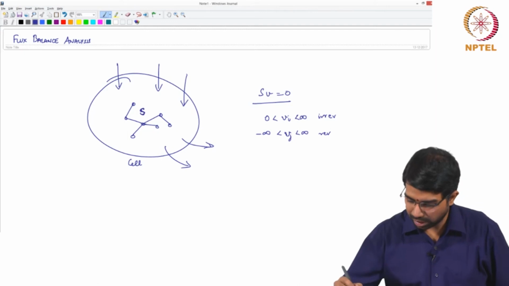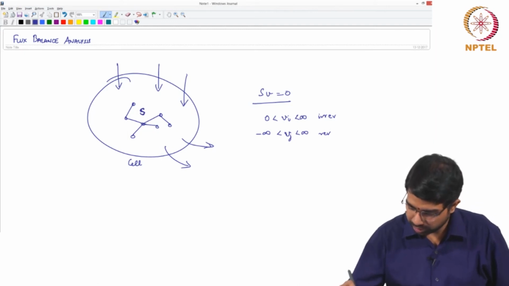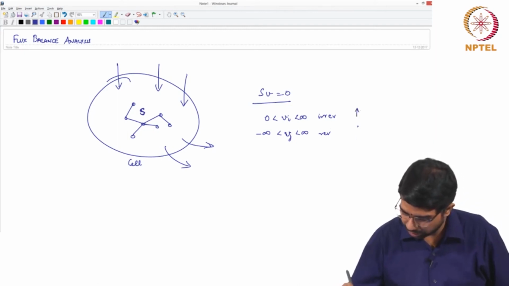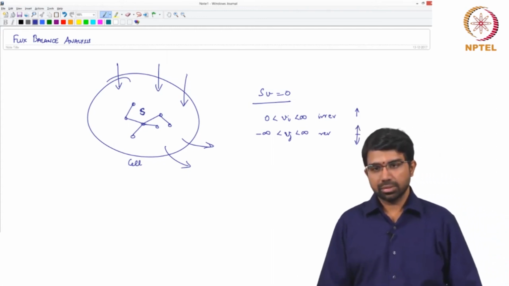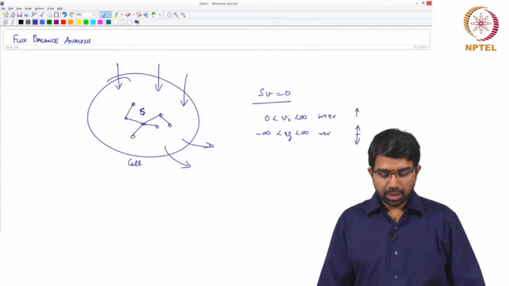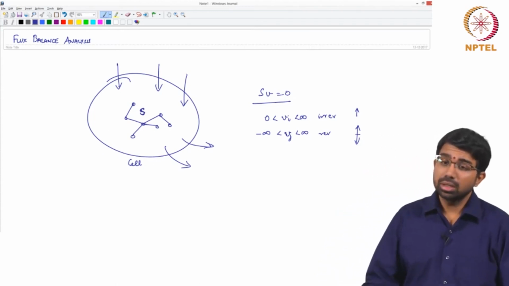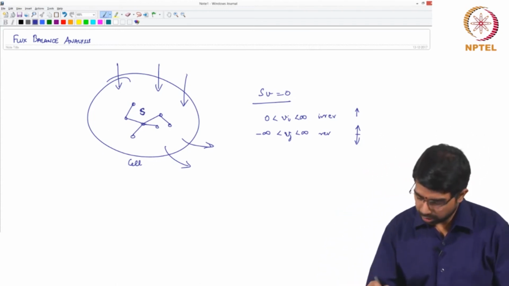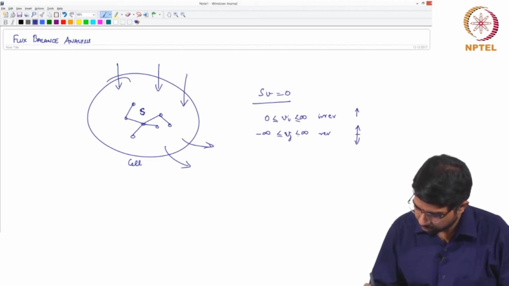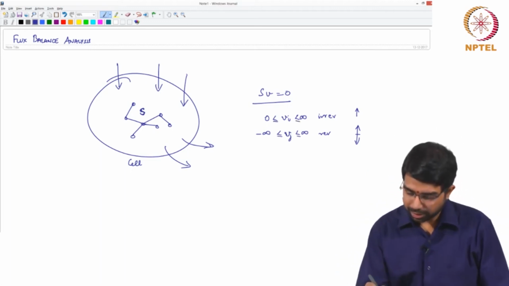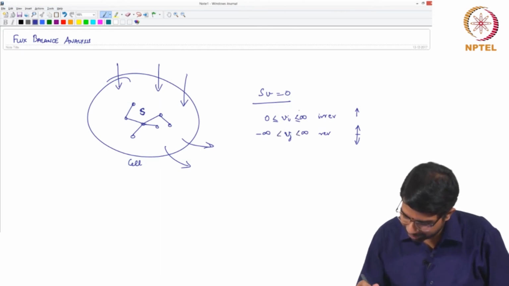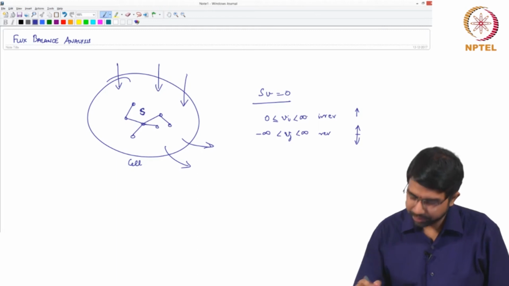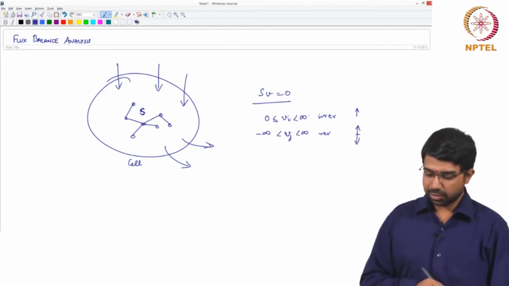We know that this has to be only in this direction, and this can be in either direction, the reaction values. Yes, you can have it. Okay, maybe you shouldn't put less than or equal to for infinity, but, right, so it can be 0, of course.